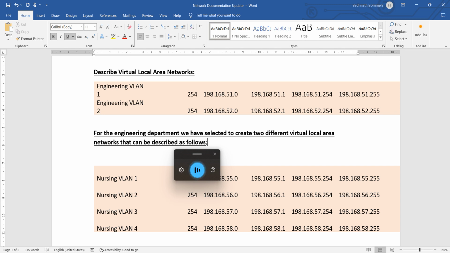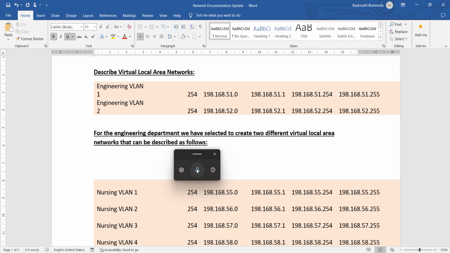It was assumed that each virtual LAN will be holding 254 IP addresses.